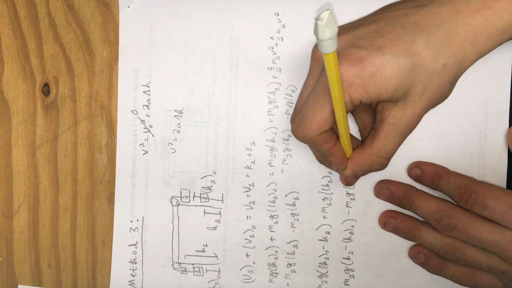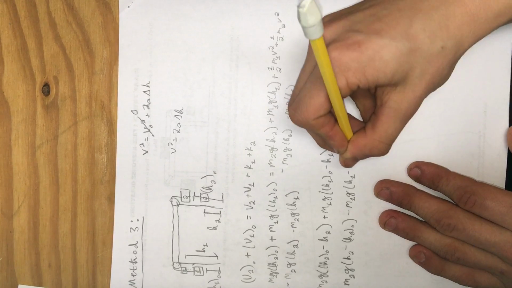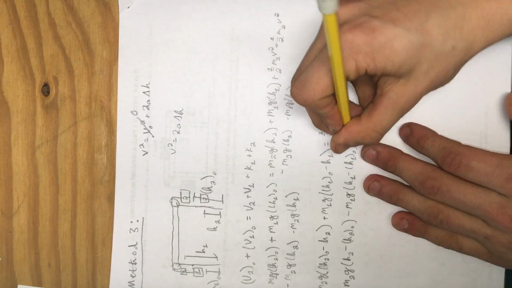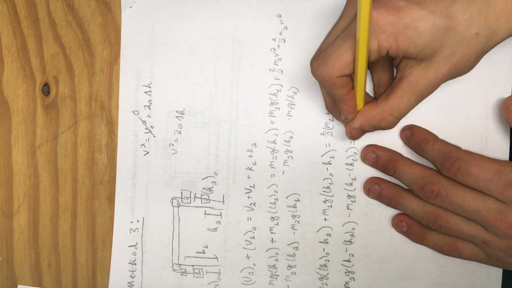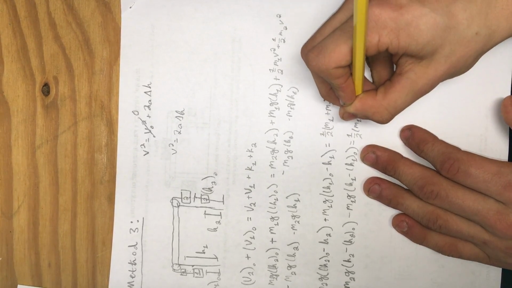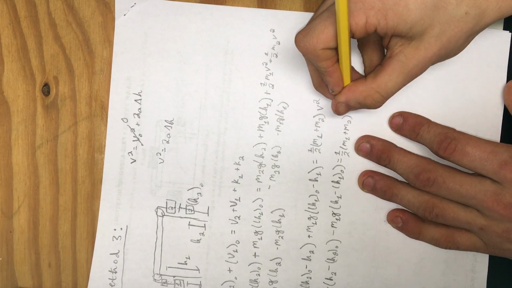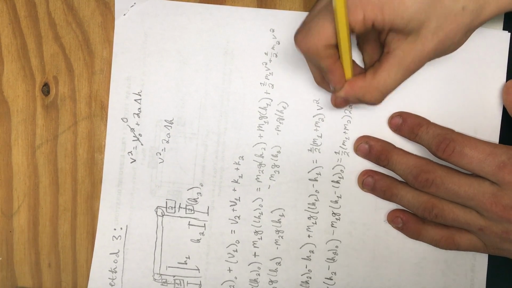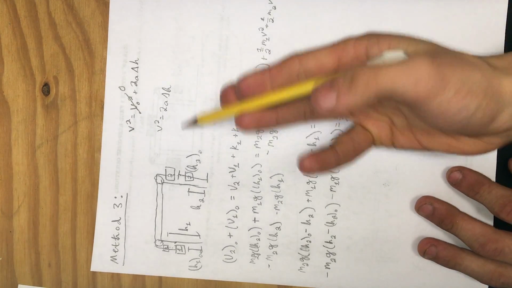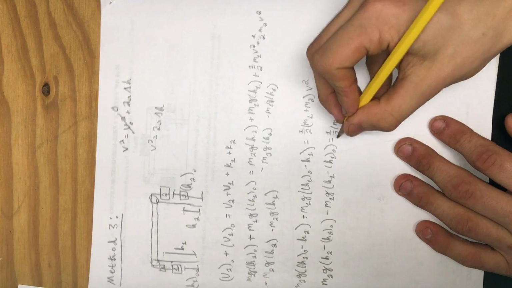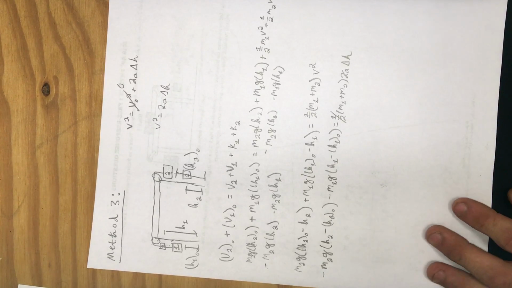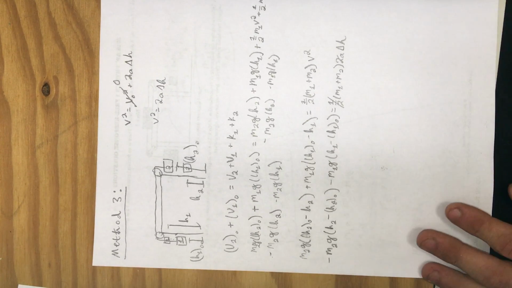And we have h1 minus h1 naught is equal to 1/2 times m1 plus m2, now multiplied by 2a delta h, because we subbed that in for v squared. Now the 2 and the 1/2 will cancel out, leaving you with m1 plus m2 times a delta h.